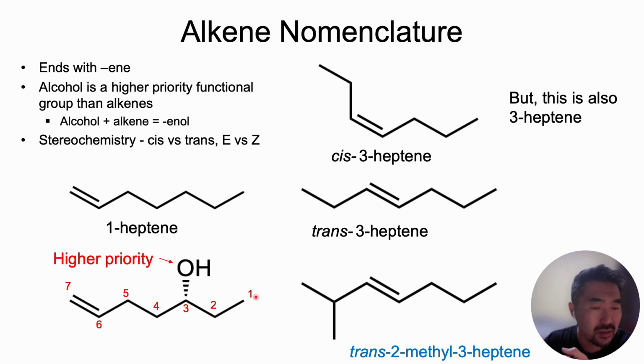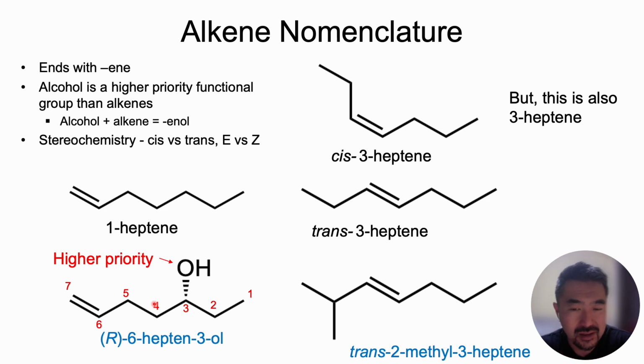So we need to number from the right side this time, which means the alkene's location is now carbon number 6. And with the R and S included, this would be the name of that molecule: R-6-heptene-3-ol.